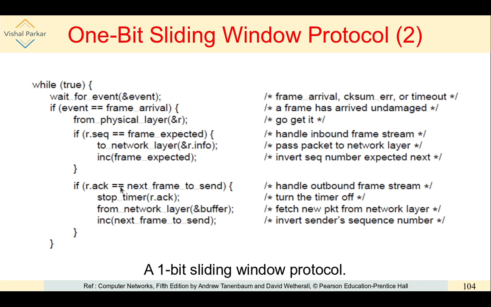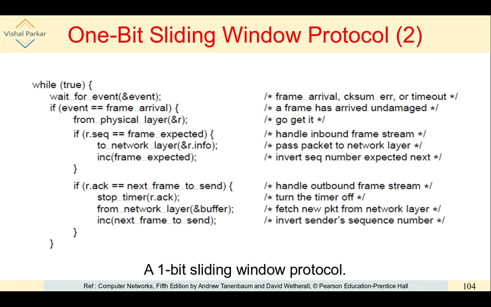Now, if the acknowledgement is equal to next frame to send, that means the acknowledgement has been correctly received, which is equal to if the sequence number for the next frame to send was matching with the acknowledgement.